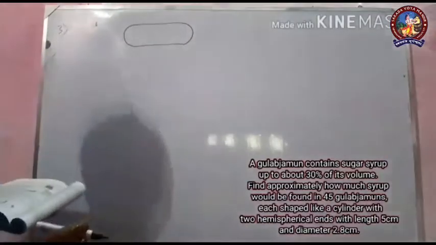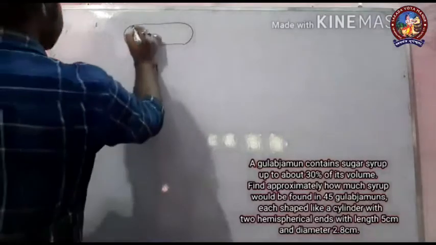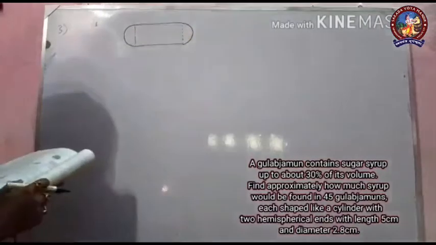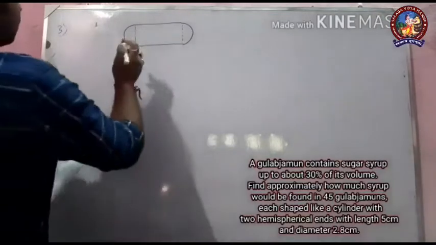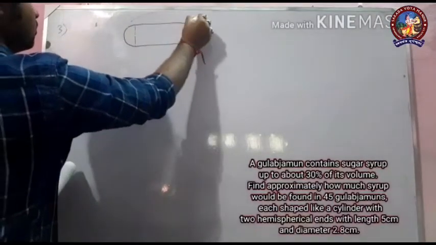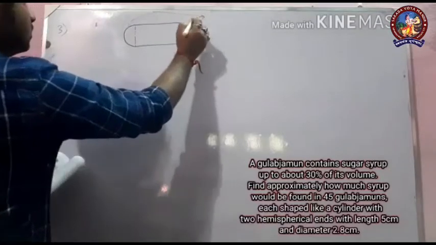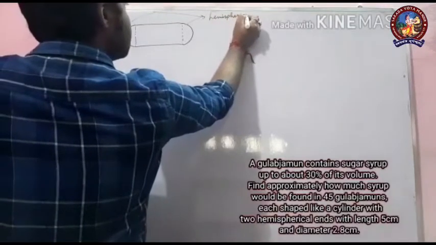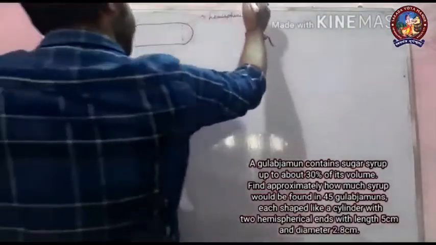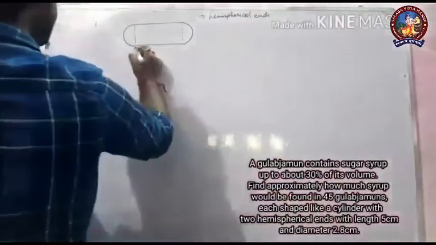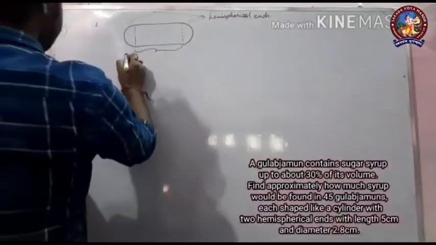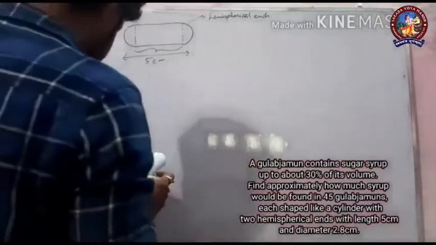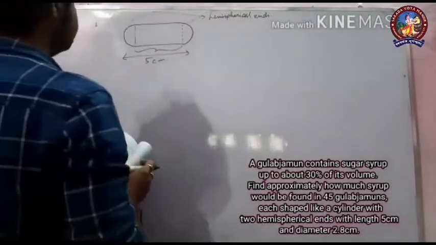This is the actual shape of the gulab jamun given here. According to the question, this gulab jamun has two hemispherical ends, and this is the cylindrical part, and the length is given as 5 cm and the diameter is 2.8 cm.